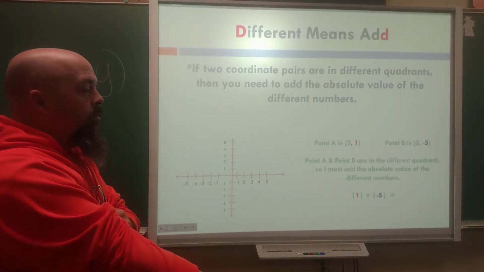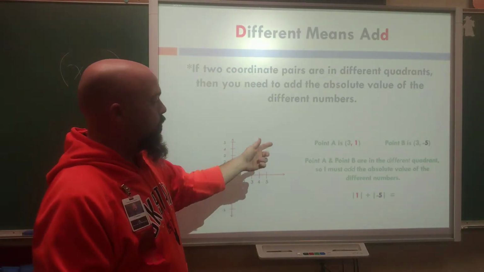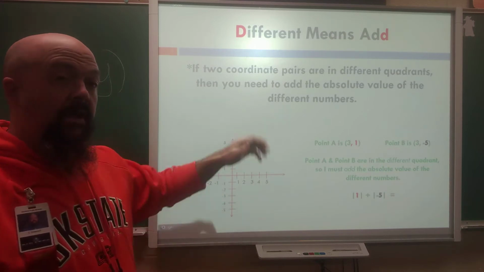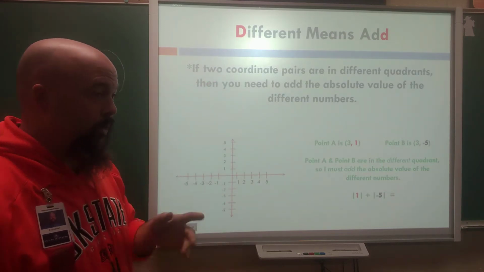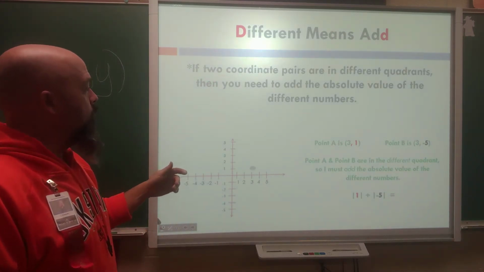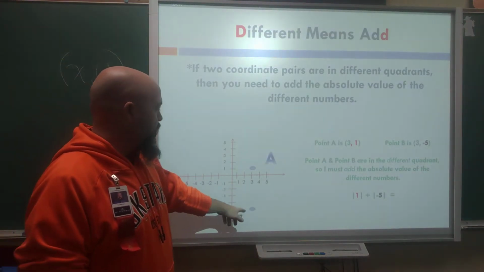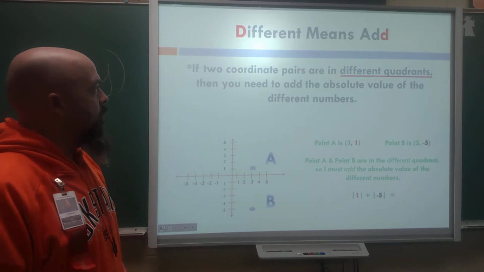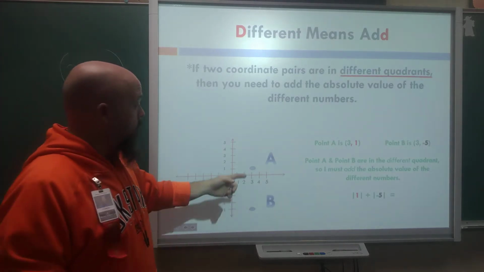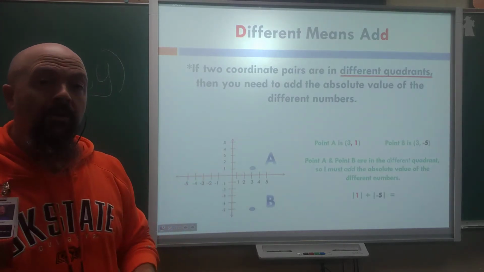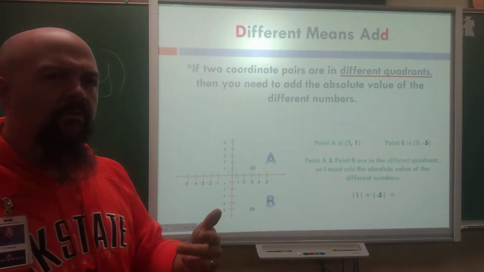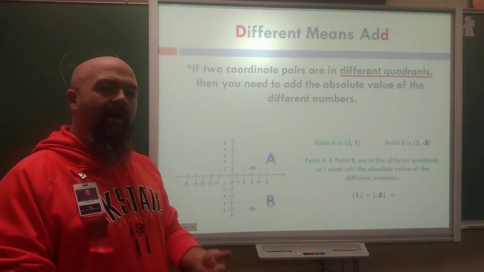Now, if we are looking at different quadrants, so we have 2 points that are in 2 different quadrants, then we have to do some addition. Here's what happens. We have our point A, which is at 3, 1. We have our point B, which is at 3, -5. If they are in different quadrants, 1 and 4, then we add the different values in the ordered pairs.